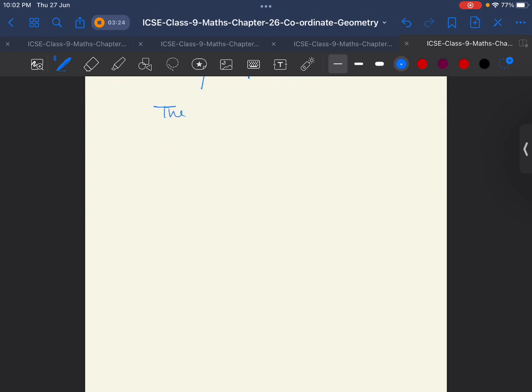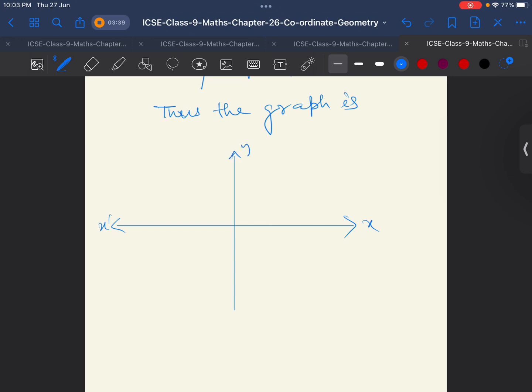Now thus the graph is, and draw the line. This is x and x dash, this is y and y dash.